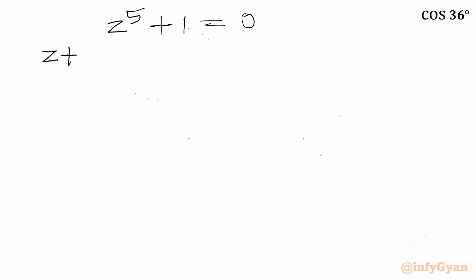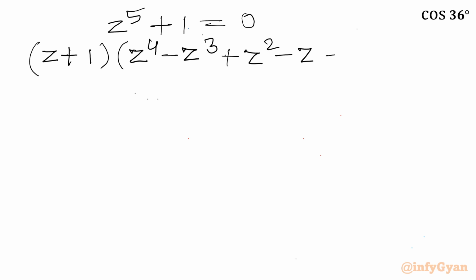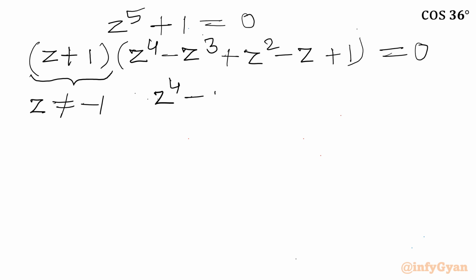So in the first bracket z plus 1, in the second bracket z power 4 minus z cube plus z square minus z plus 1, equal to 0. Now z plus 1 cannot be 0, as z cannot be equal to negative 1. So I will write z power 4 minus z cube plus z square minus z plus 1 equal to 0.